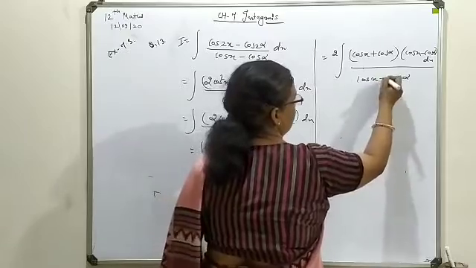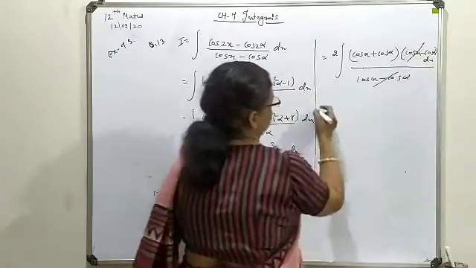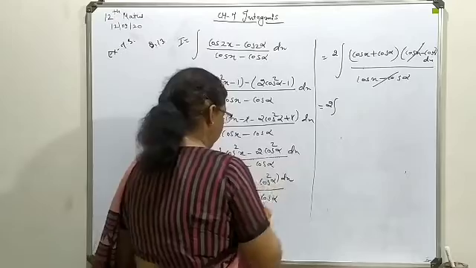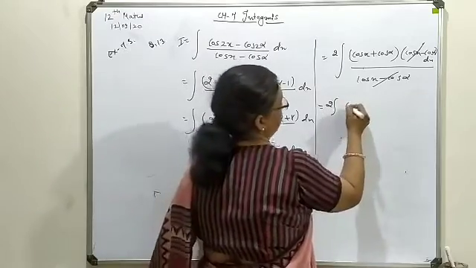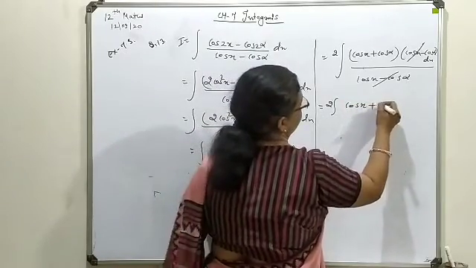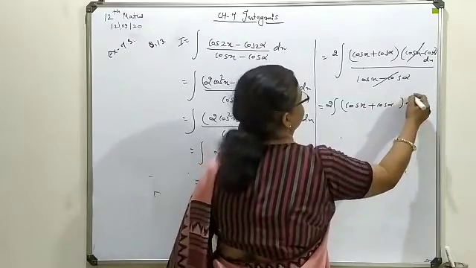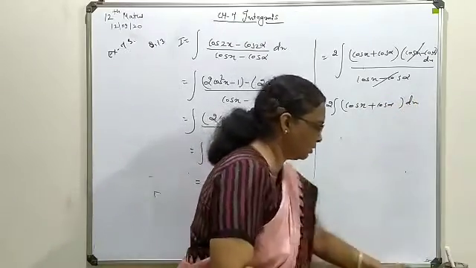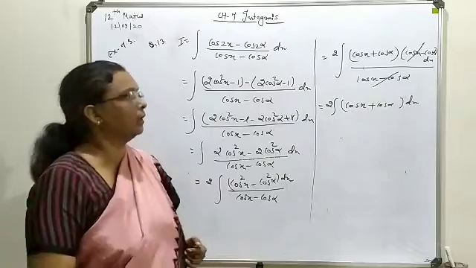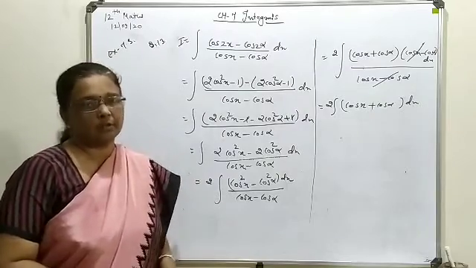This term will cut. You will be left with a single combination only, that is cos of x plus cos of alpha, for further integration. Means linear terms are separated here for integration at last.